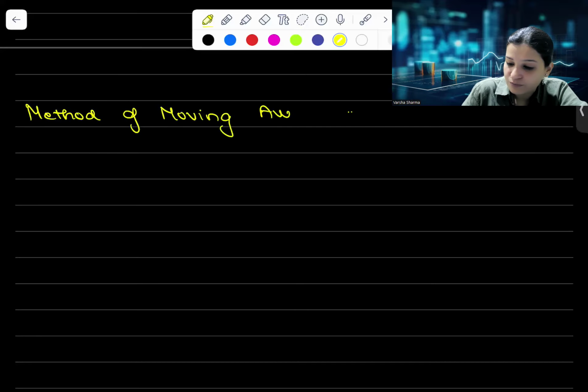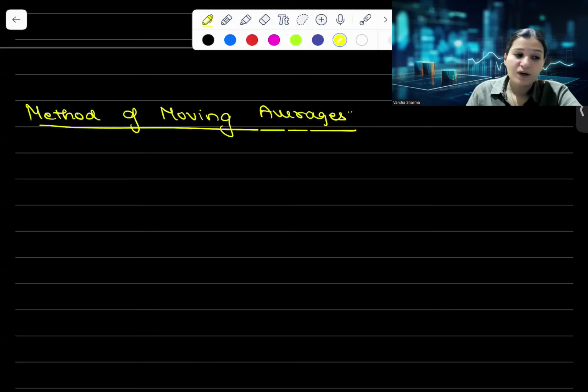Method of moving averages. What this method does is it basically reduces a lot of fluctuations and gives us a better, accurate comparison and accurate trend values for future times. That is the main objective of this method.